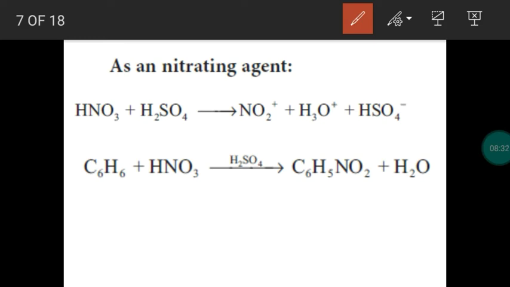Electrophilic substitution reactions are common in the benzene ring or aromatic ring. If hydrogen is replaced by NO2+, we call the electrophilic substitution reaction a nitration reaction.